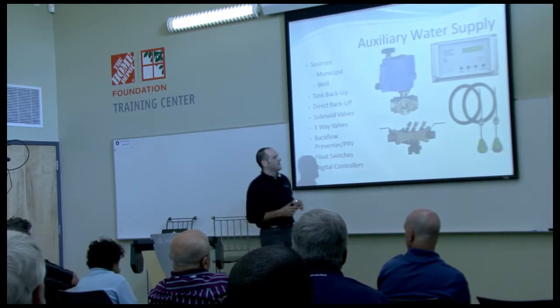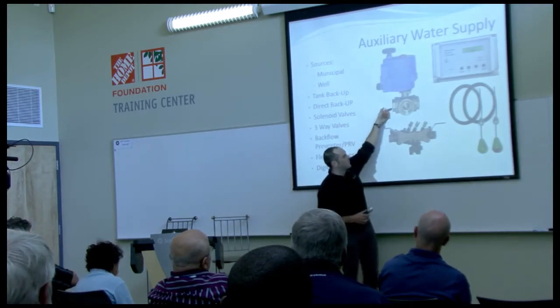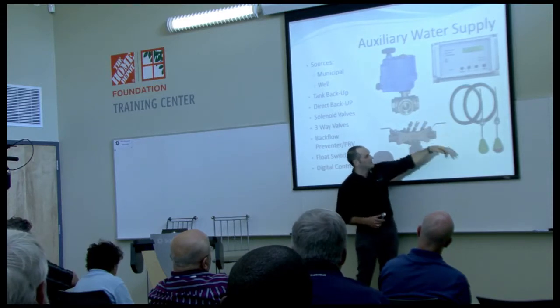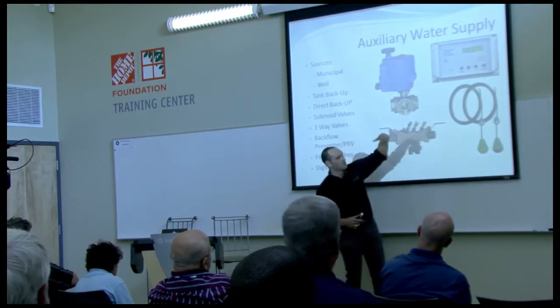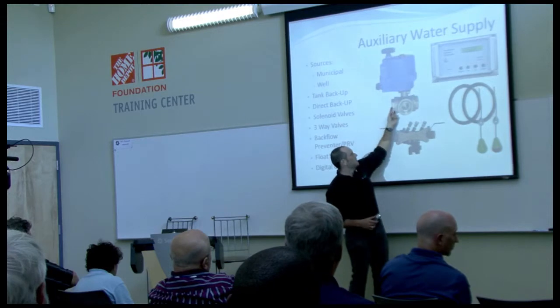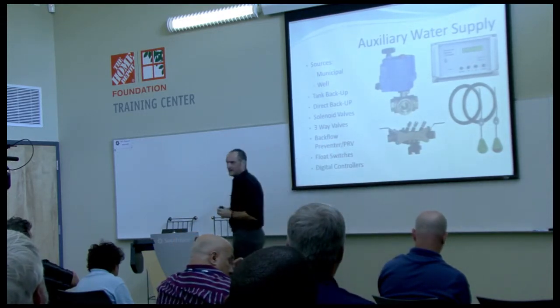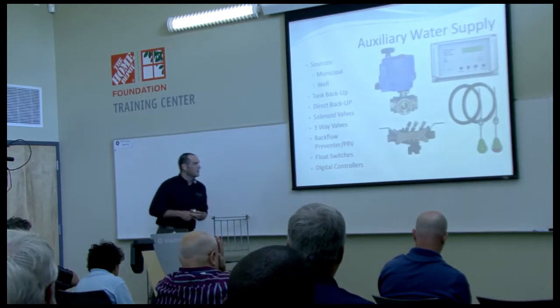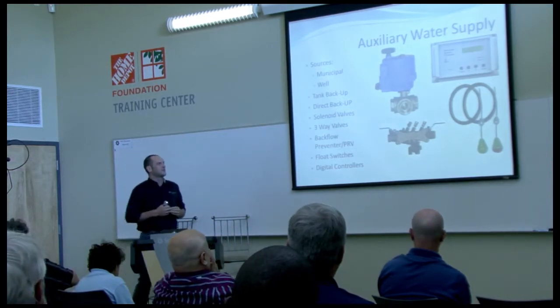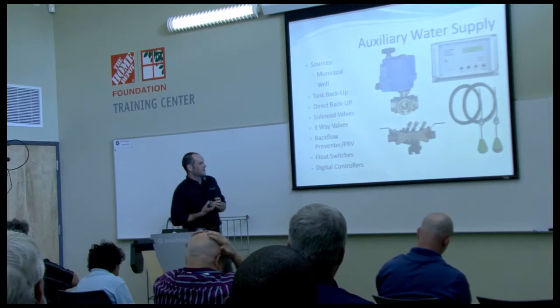You'd set a low-level set point, and if you're running on rainwater and you hit that low-level set point, established by your flow switch or a little digital controller, the valve automatically switches to the backup water supply. Almost all the systems we see have some sort of backup water supply system.